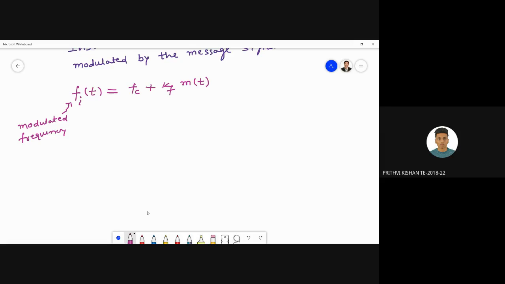Sir, if you differentiate velocity, you'll get acceleration. So that is a basic thing, right? Similar to that here, what is frequency? Rate of change of phase, right?